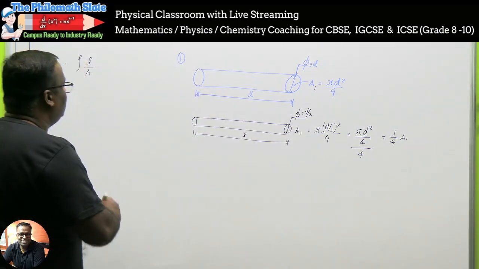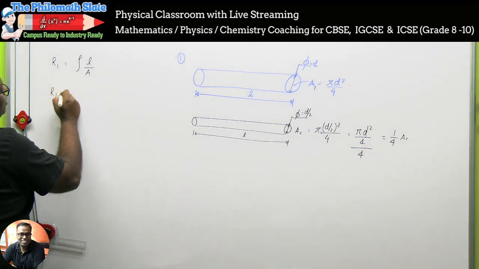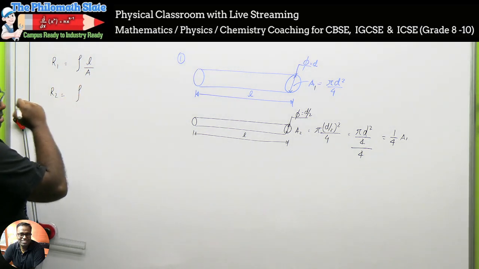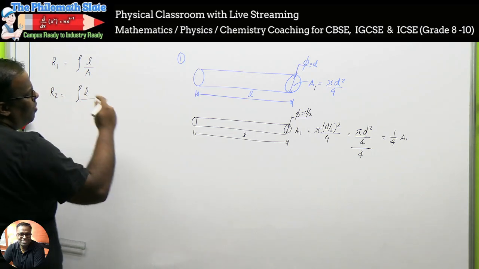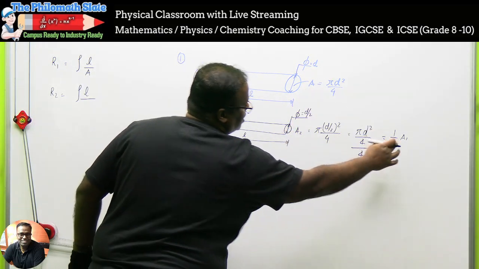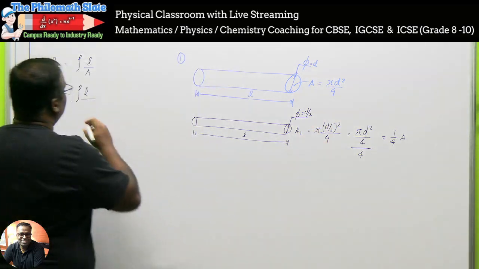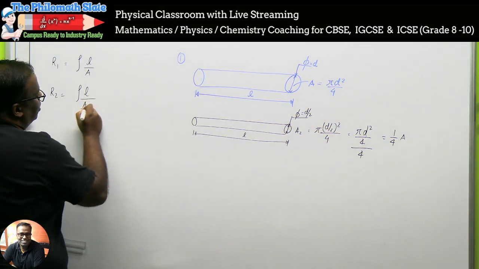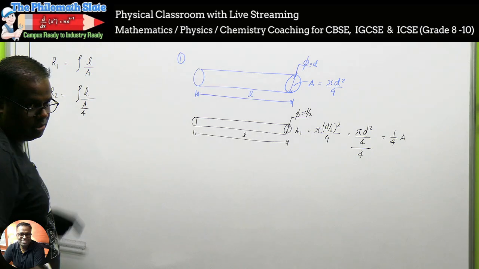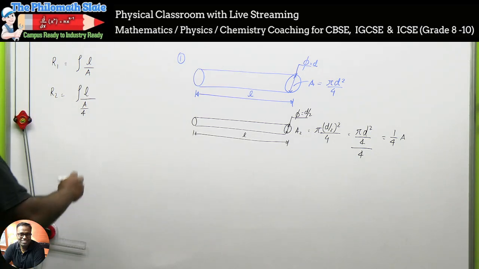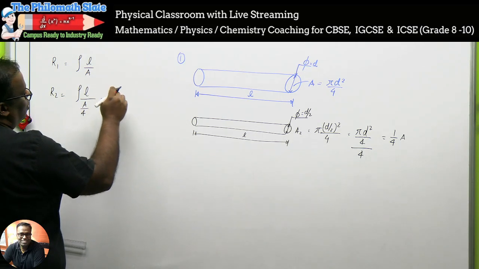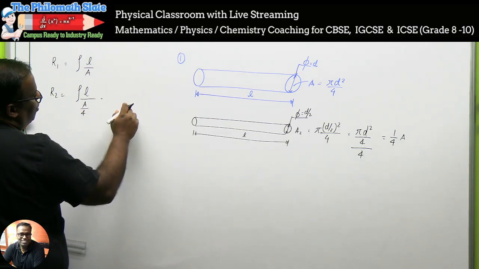So let's write down what should be your R2 now, equal to rho L remains the same and it becomes how much? तो A1 लिखने की जरूरत नहीं, A ही लिखते हैं, तो इसको कितना लिखेंगे? A/4 in the denominator, L/(A/4). पक्का बच्चा, समझ में आया? तो इसको कैसे लिखेंगे? Rho L divided by A/4 means 4/A.